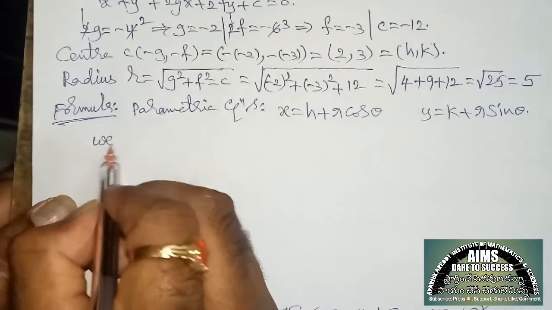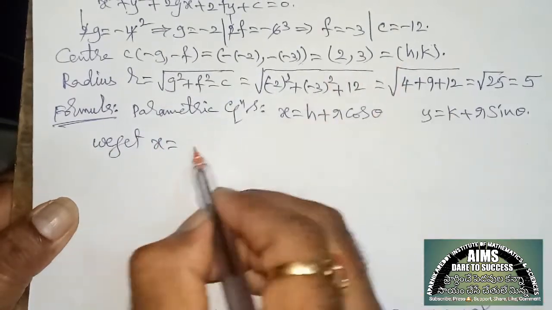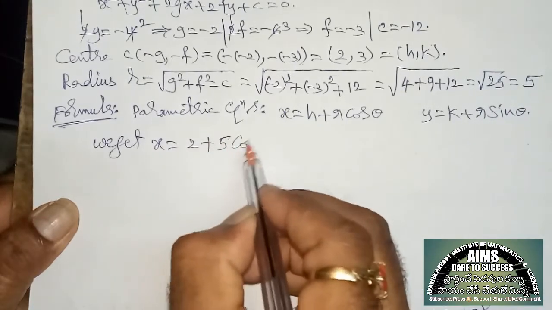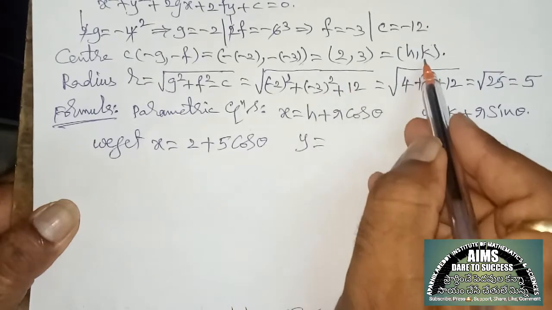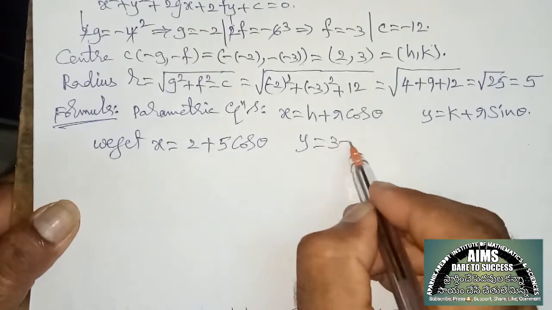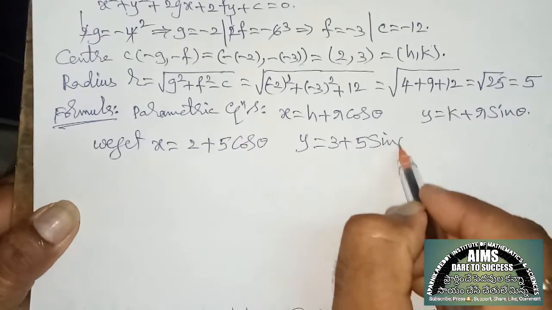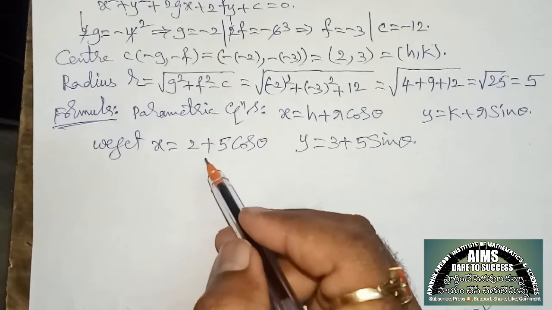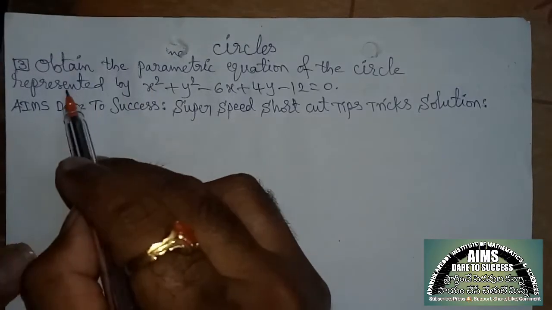We get x equals h value 2 plus r value 5 into cos θ. Next, y equals k value 3 plus r value 5 into sin θ. These are the required parametric equations.